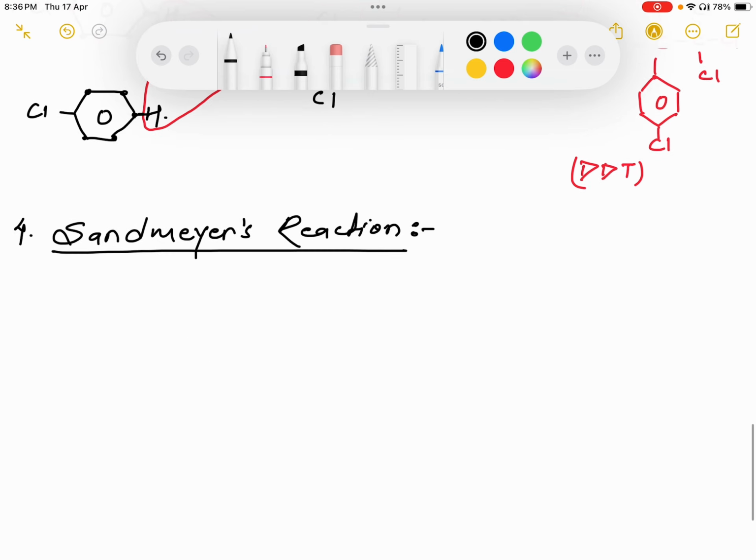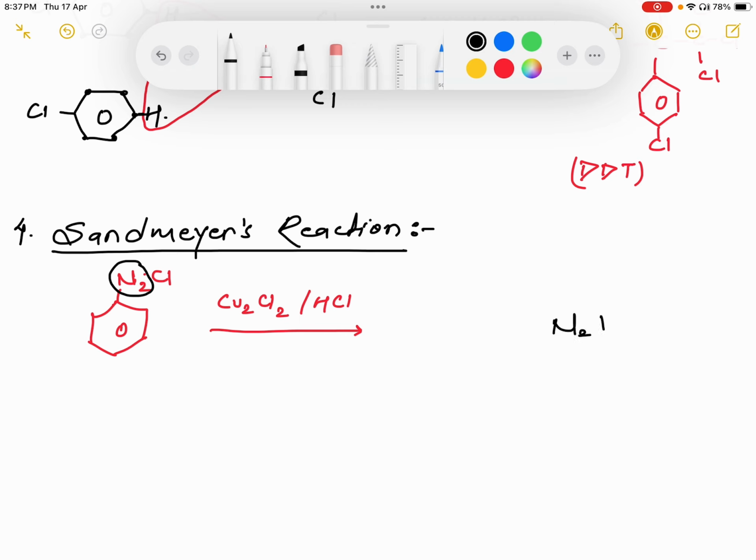Okay. So you might know how to prepare benzene diazonium chloride. If you have a benzene ring and a diazo group, that is N2Cl, and it is treated with Cu2Cl2 in the presence of HCl, acidic medium, what will exactly happen is these two nitrogens will liberate in the form of nitrogen gas.